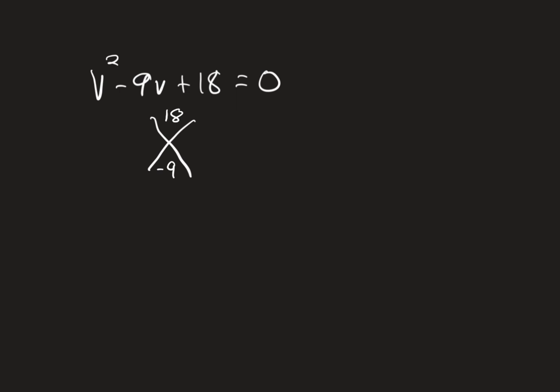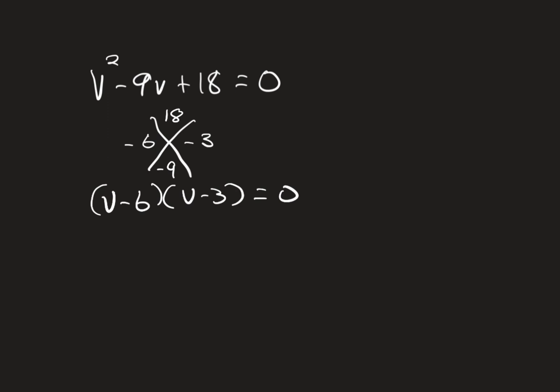So I need two numbers that multiply together to be 18 and add to negative 9. It's positive on top and negative on the bottom, which means both of them have to be negative. 6 and 3. So that's v minus 6 and v minus 3. But now it equals 0.